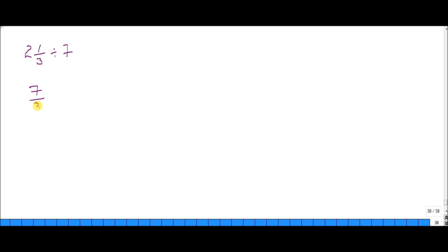This would now be 7 over 3 multiplied by the reciprocal, which would be 1 over 7. In this case, we'll say 7 into 7 one time, and 1 times 1, 1 over 3 times 1, 3. So 2/3 divided by 7, our answer would be 1/3.